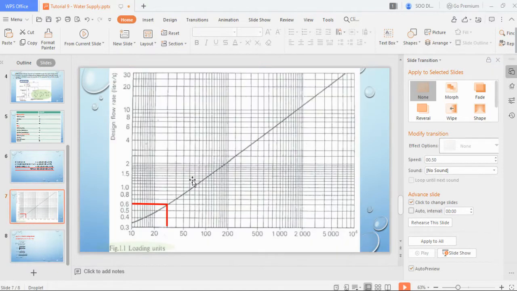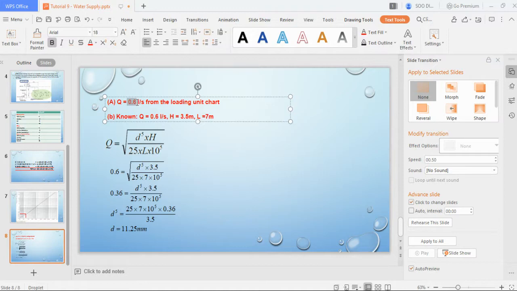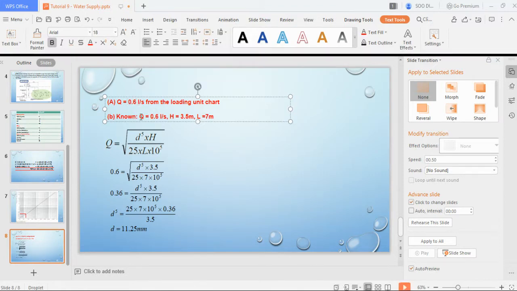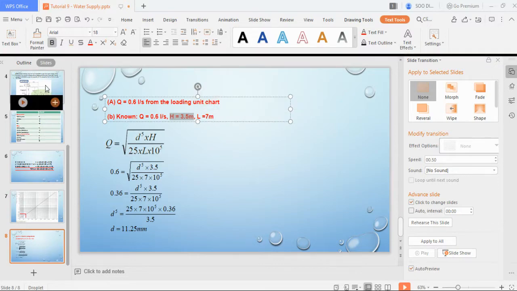So finally, with this design flow rate from part A, you have 0.6 liter per second. With that known, your Q is 0.6 liter per second, your H is 3.5, and your L is 7.